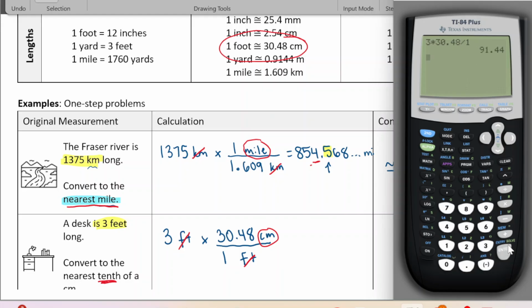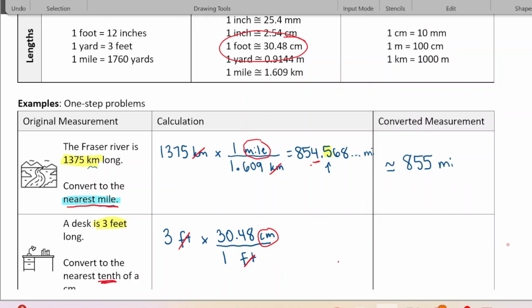It's going to give you the same answer, 91.44. And it says round to the nearest tenth, which is one number after the decimal place, and that's next to a 4. So that means I can keep it as 91.4 centimeters.